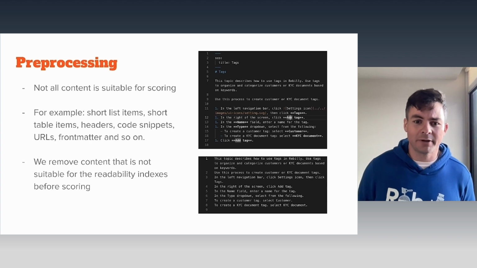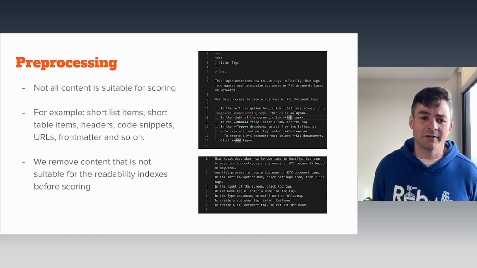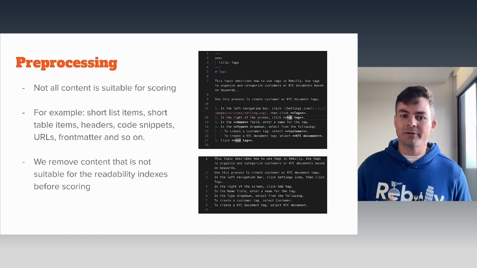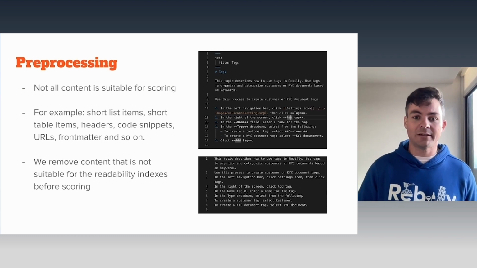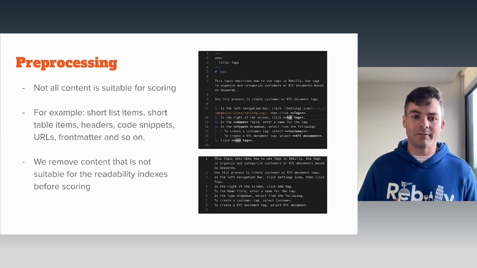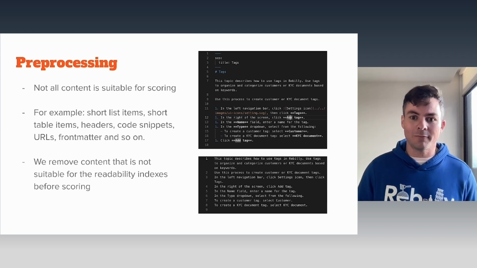So we do need to do some pre-processing before we send the text to be scored, because like I said earlier, the readability metrics are not ideal for technical documentation. They're based more on text-heavy documents, large bodies of text, things like that. So not everything in your markdown file is really suitable for scoring.